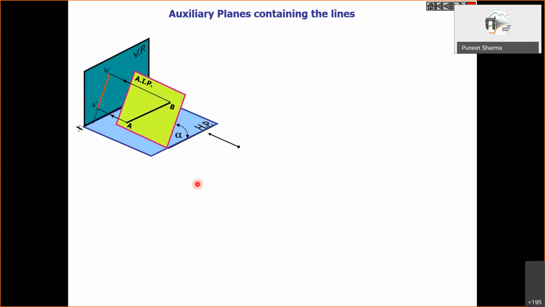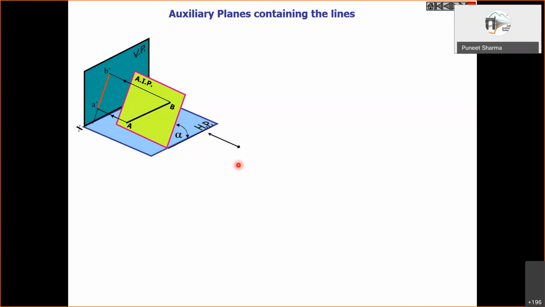Now you see, if this auxiliary inclined plane is extended towards the vertical plane and we obtain the intersection of this auxiliary inclined plane and the vertical plane, then the intersection will of course be a line. Secondly, if I want the projection of this auxiliary inclined plane on the vertical plane, that will also be a single line, right?